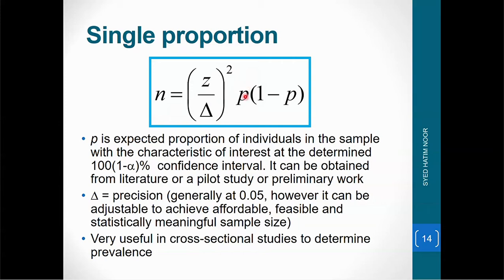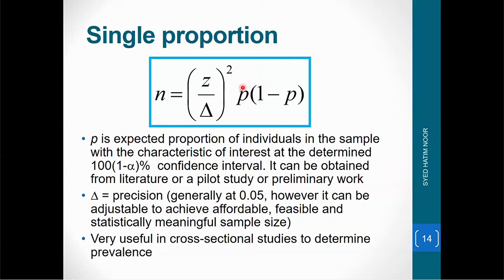So remember, for literature you take the recent, local one, right? If you don't have any idea about this P, the statistician suggests taking 50%.